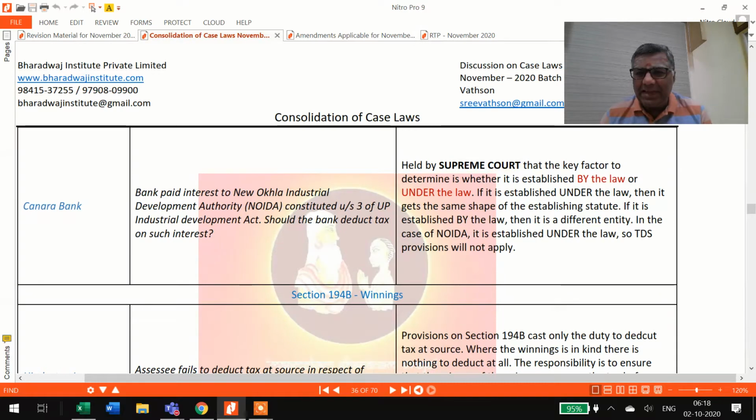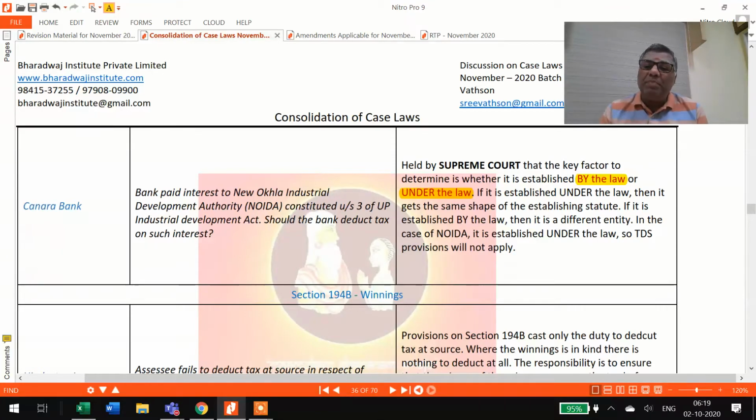The Supreme Court held that the key factor to determine whether it is deductible is whether it is established by the law or established under the law. If it is established under the law, it takes the shape of the establishing statute.